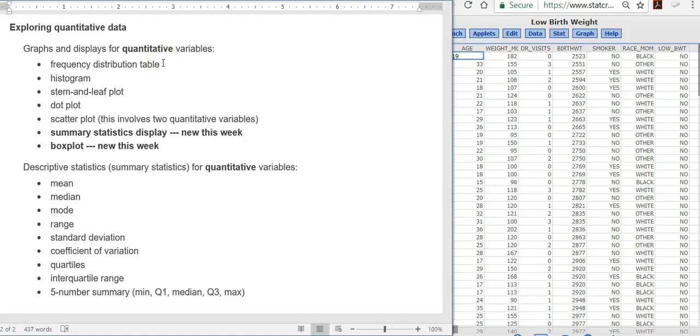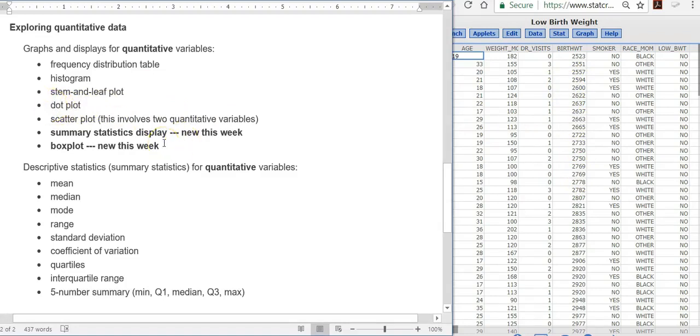As we found out last week, when we do a frequency distribution table in StatCrunch, it creates the classes for us. We don't have any choice about that, but we'll still look at those. We'll do histograms. We can do stem and leaf plots. A dot plot is something that won't work well in this situation because we have so many different values for our birth weights. So we're not going to do a dot plot.